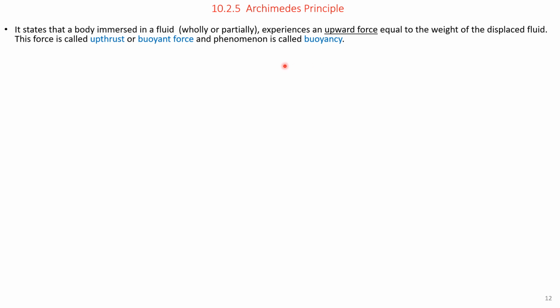That means when a body is immersed in a fluid, it experiences an upward force equal to the weight of the displaced fluid. This is the statement of Archimedes principle. Therefore, this buoyant force represented by F subscript B is equal to F2 minus F1, where F1 and F2 are hydrostatic forces.